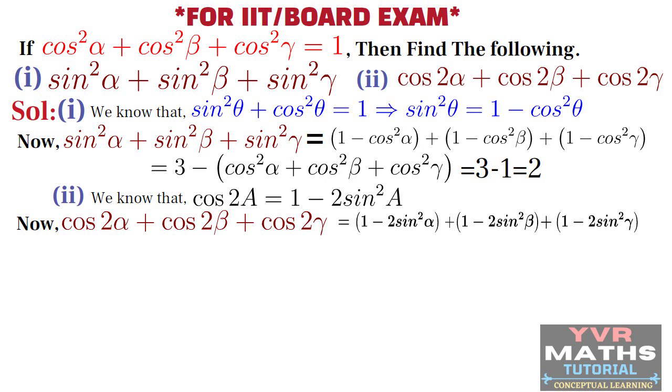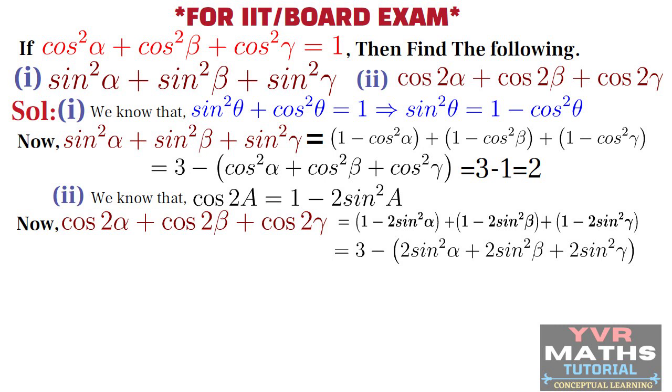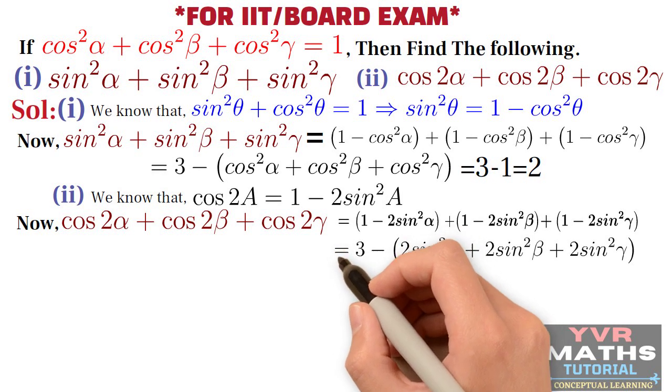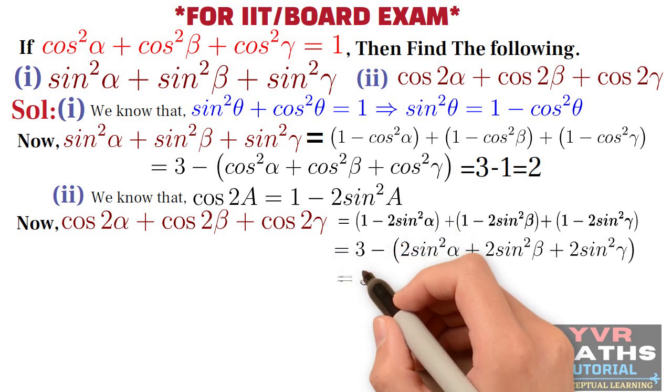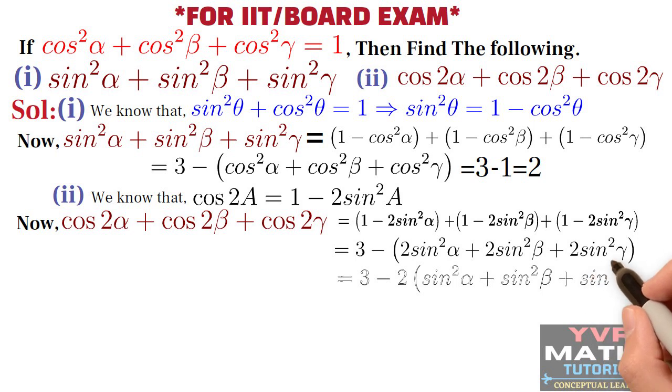From the negative terms, if you take minus common, 2 sin²α + 2 sin²β + 2 sin²γ. From the second term, if you take 2 common, then 3 − 2 into (sin²α + sin²β + sin²γ).